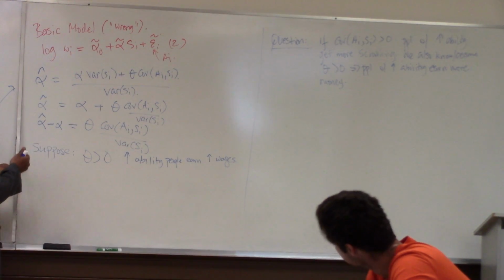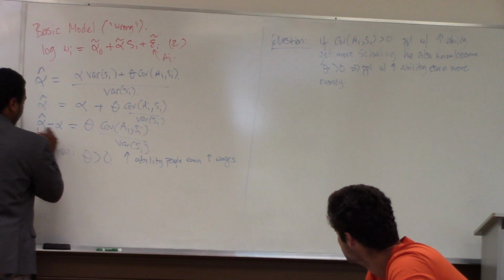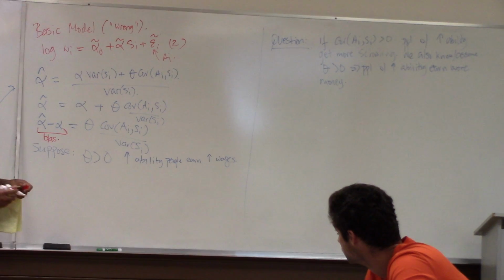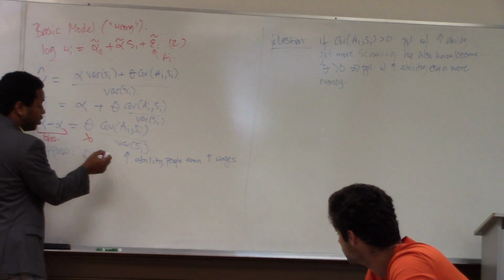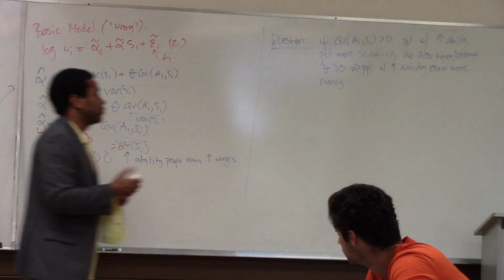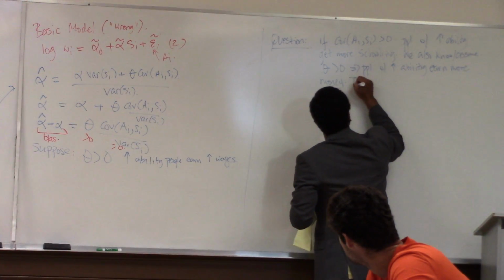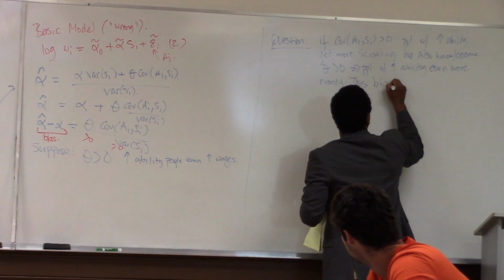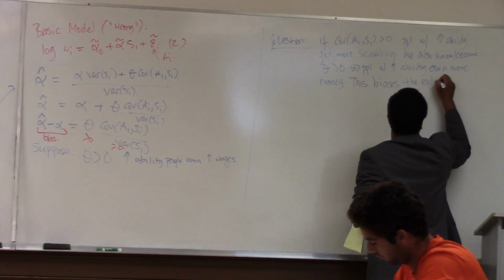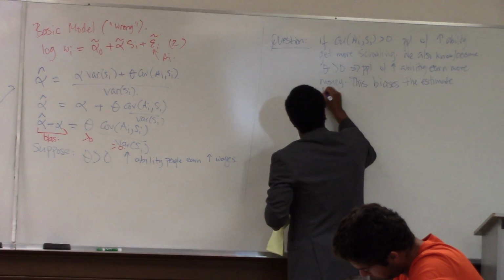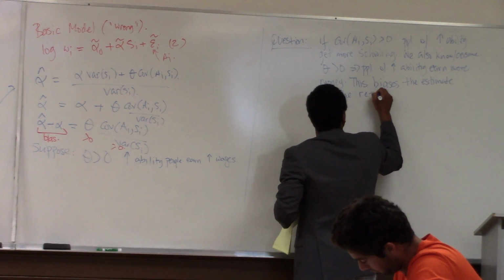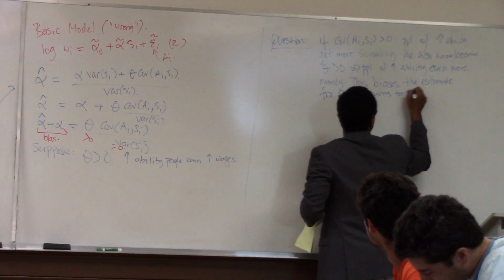So this term here is the bias. And this here is positive by assumption, and this is positive by assumption, and so we're going to get an upward bias. So this bias makes the estimate for returns to schooling too high.